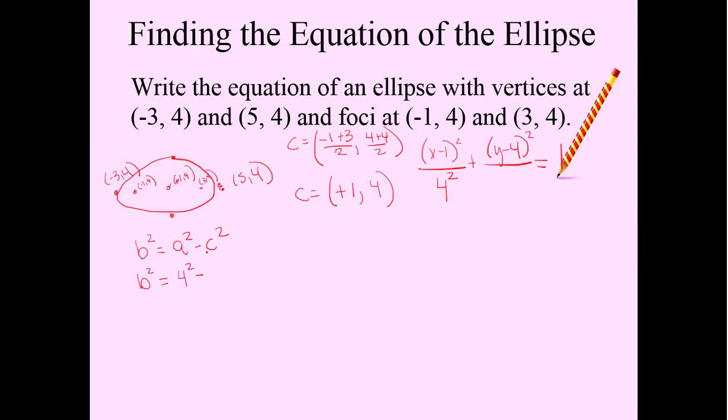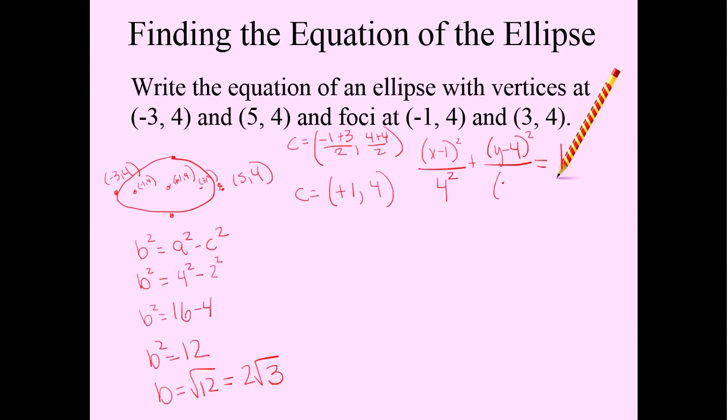And our foci are a distance of 2 away from my center, because I got 1, 4 and 3, 4. So 16 minus 4, or 12. So b equals the square root of 12, which is the same thing as 2 square roots of 3.